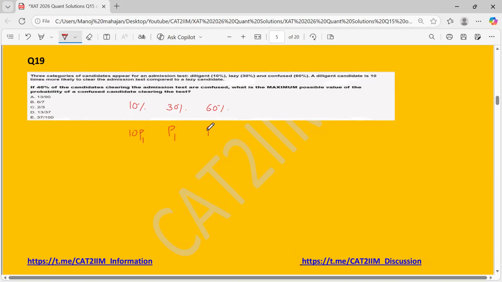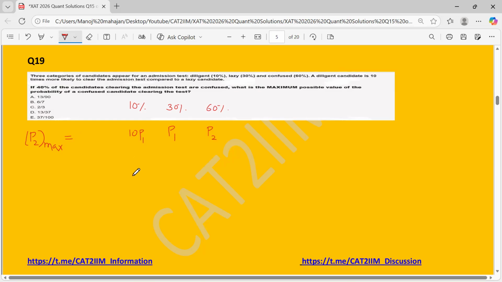And let's assume this as P2. So what I'm understanding from the problem is you need to get the max value of P2. It was a super tough problem, I feel, in the entire QADA section of the XAT 2026. So let's see how we are going to do it.